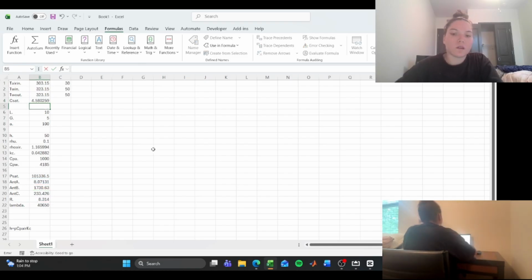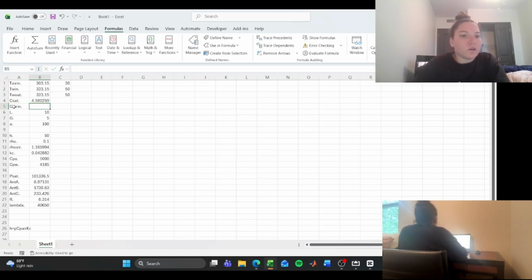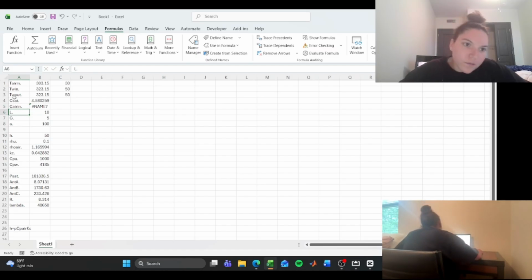Okay, that looks better. And then now we just need the concentration of air going in, which is going to be equal to the saturated concentration times the relative humidity. Make sure all these are named again.